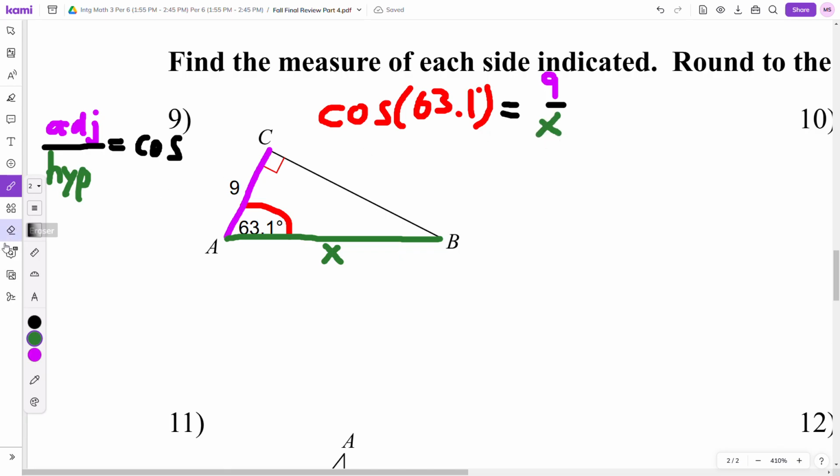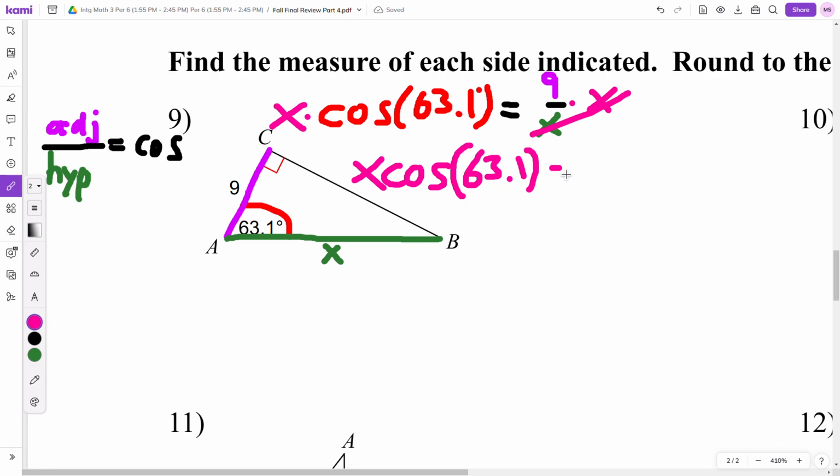And as always, before you go evaluating cosines, I recommend that you isolate the x first. So we're going to multiply both sides by x, and x times x cancels, and we have x cosine of 63.1 degrees equals 9.